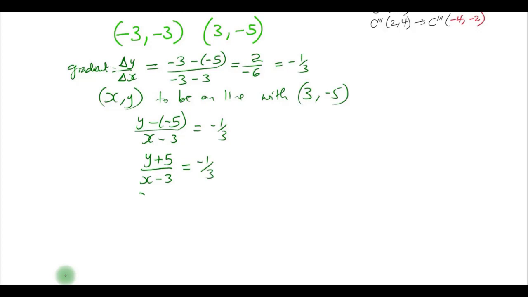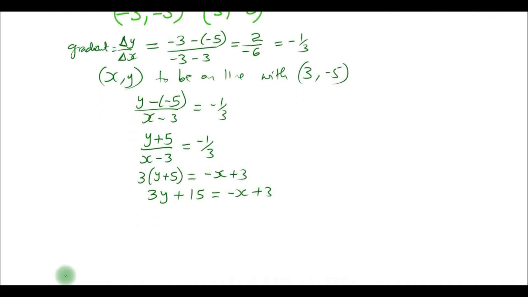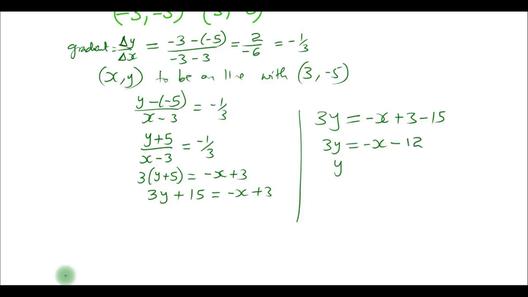Cross multiply, therefore we have 3 into (y plus 5) equals minus (x minus 3), so 3y plus 15 equals minus x plus 3. But we need it in the form y equals mx plus a constant, so 3y equals minus x plus 3 minus 15. So this is 3y equals minus x minus 12. Therefore y equals minus a third x minus 4. So that is it.